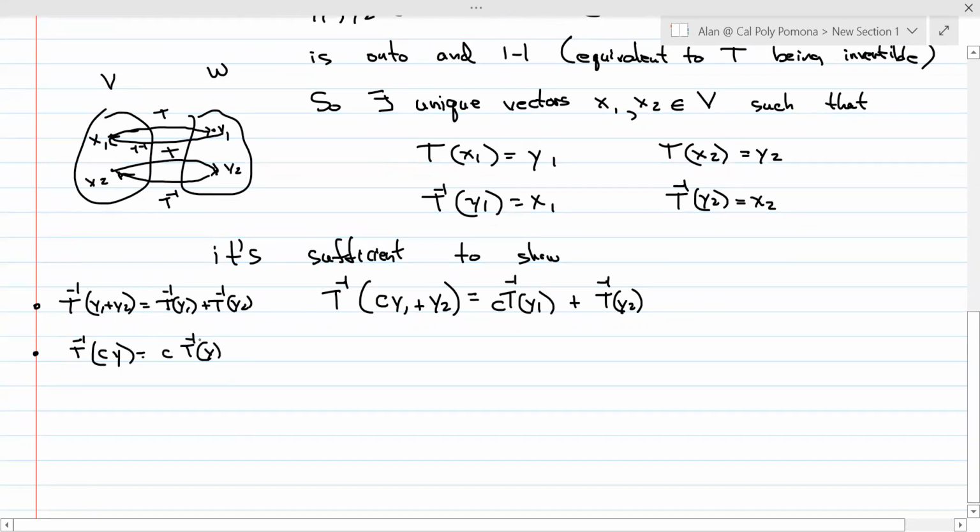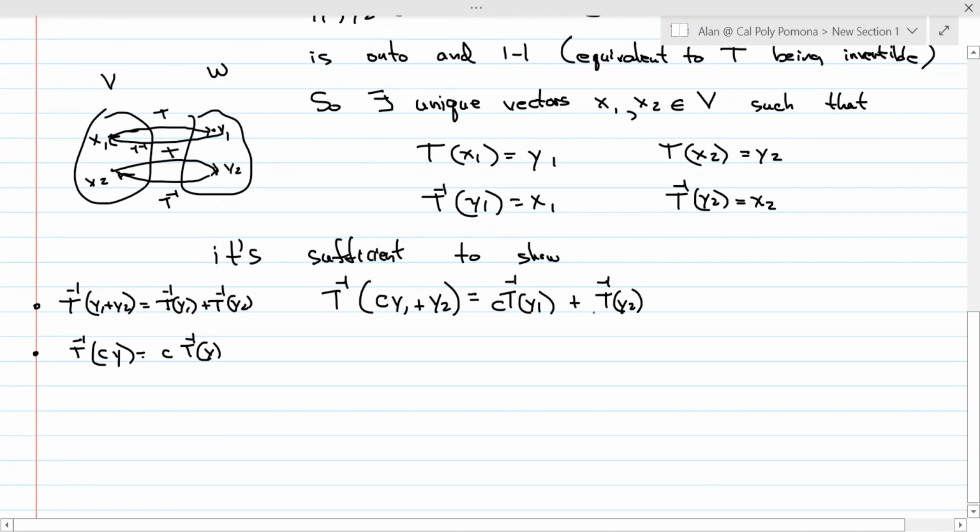So this is how I've been showing things are linear. I call this the linearity condition for the vector addition, and this is the scalar multiplication identity for this operator or transformation to be linear. But they do it all in one swoop instead of doing each individually. You could do it the way that I've been doing in the past if you're comfortable with it, but for a change, let me just follow what they're doing. It shouldn't be a big deal either way.